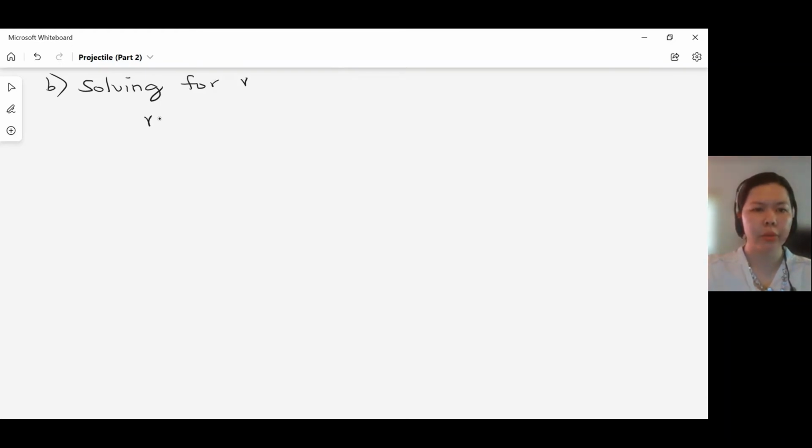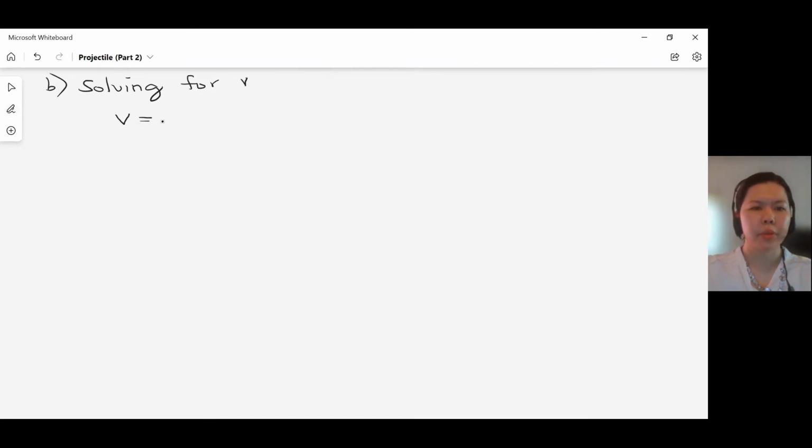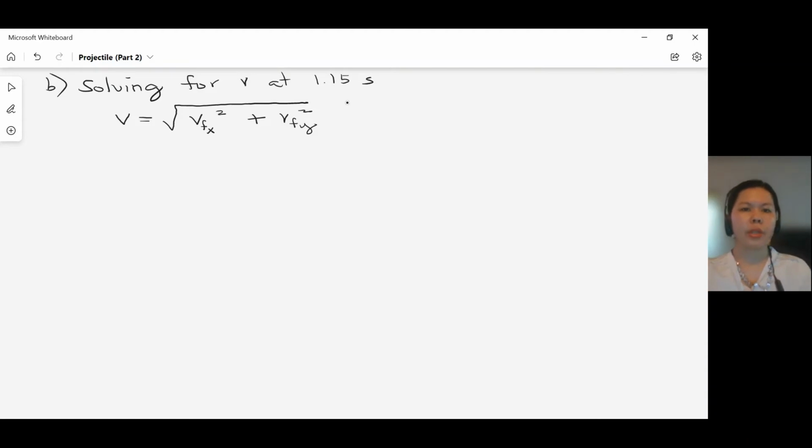We have v is equal to the square root of velocity final along x squared plus velocity final along y squared at 1.15 seconds after releasing the ball.